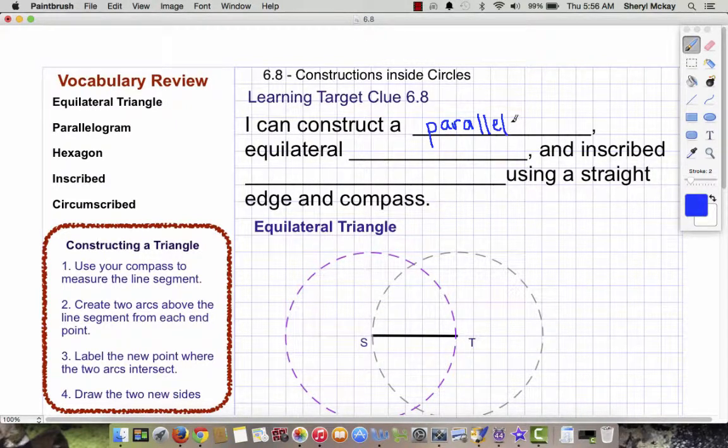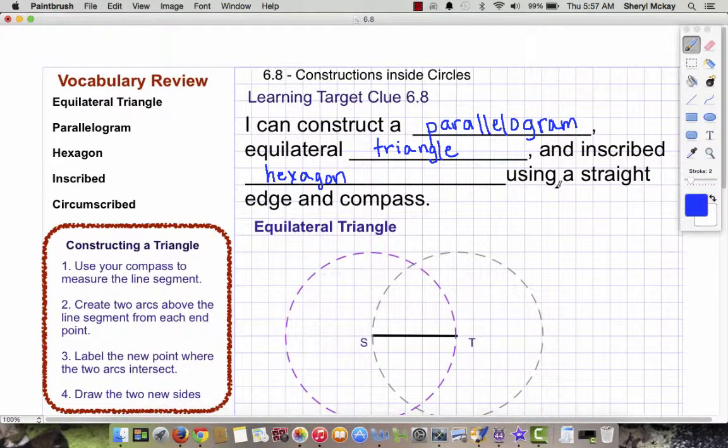An equilateral triangle, and inscribed hexagon, using a straight edge and compass.